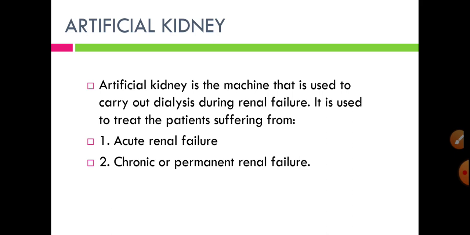In renal failure patients, the dialysis process plays an important role, as their blood is filtered with the help of this artificial kidney, because their kidneys have failed, so the artificial kidney filters the blood and maintains the normal volume and composition of the blood.